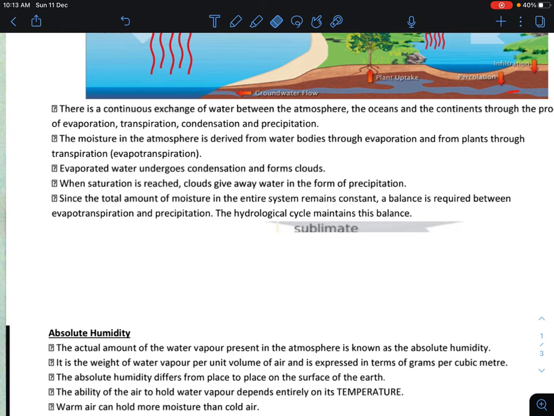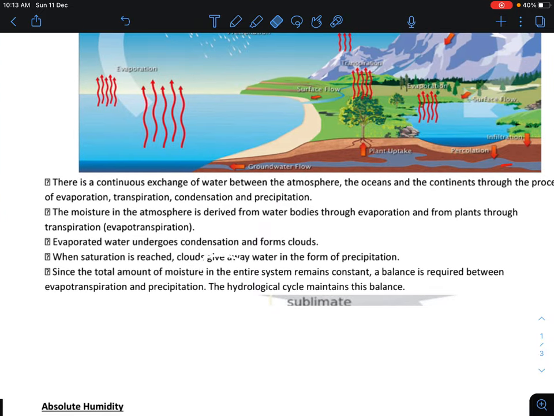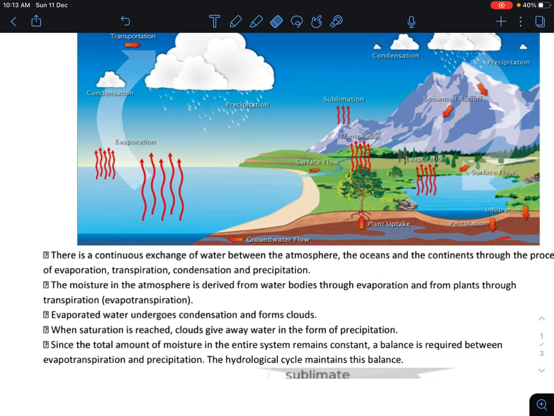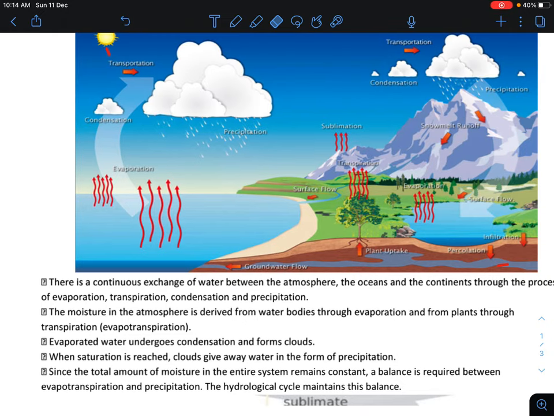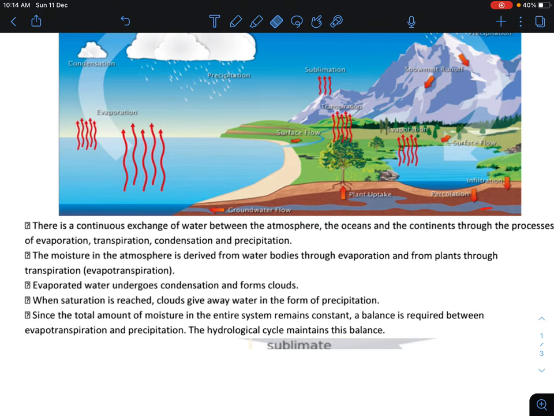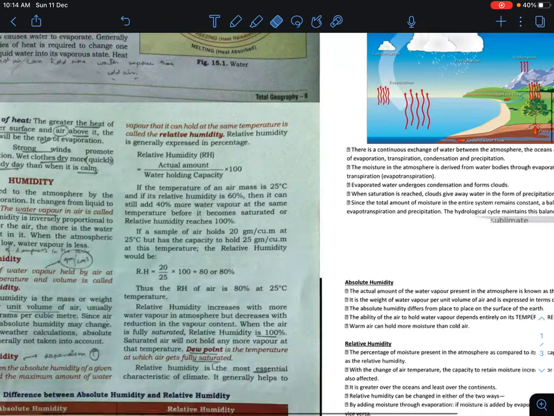If we talk about this entire system, the total amount of moisture is constant, so there must be a balance between the plants' evapotranspiration and the precipitation, and the hydrological cycle maintains this balance. It is basically maintained by the water cycle.